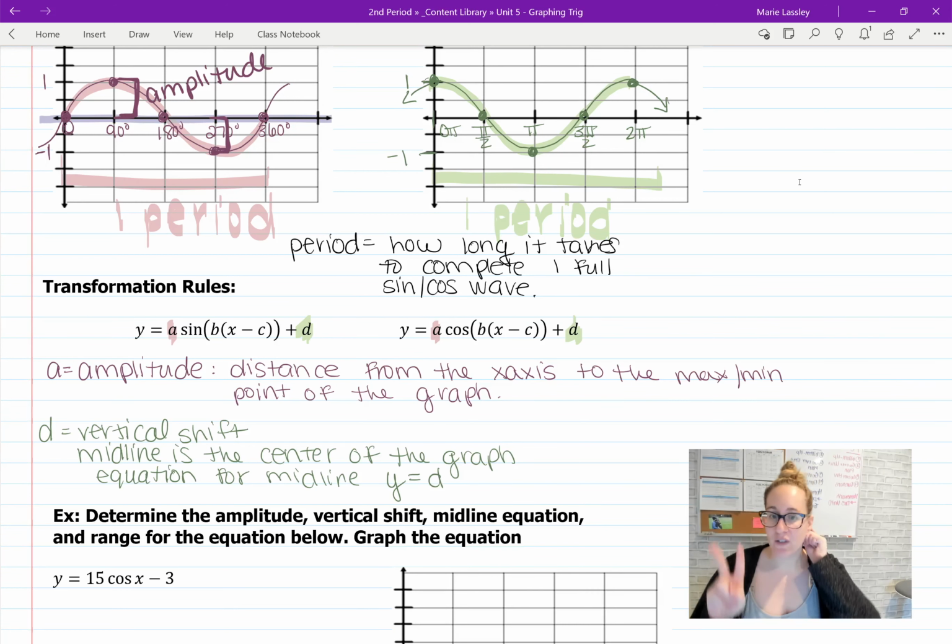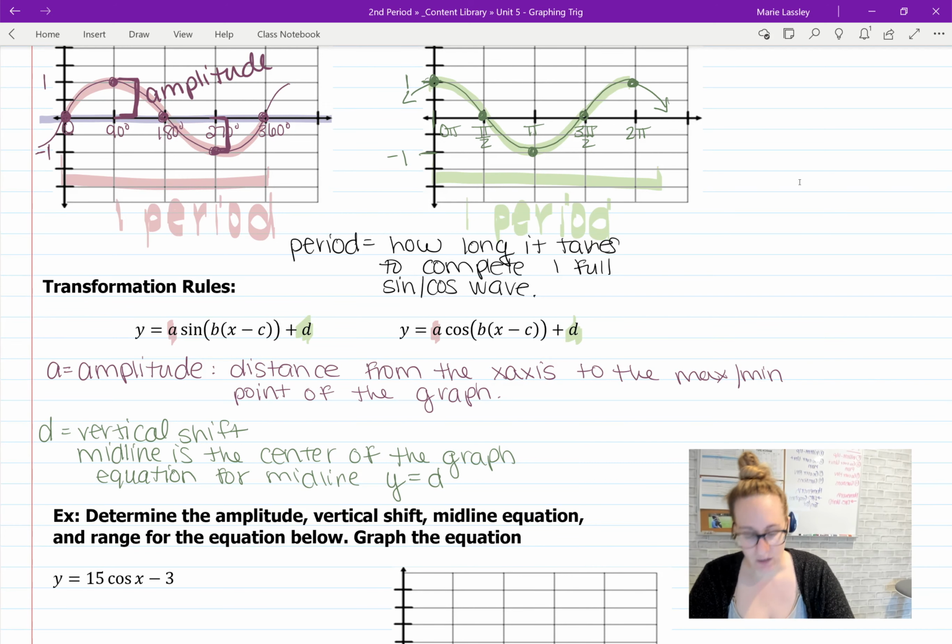These are the two transformations that we're going to be looking at today. The b and the c are horizontal transformations. We're not going to be doing those today, but I will talk about them really briefly, and we're going to hit more on them in the coming classes. But b is what we call the frequency.